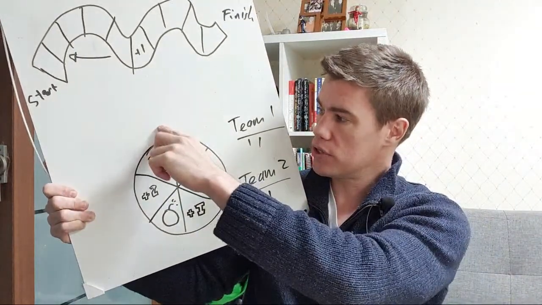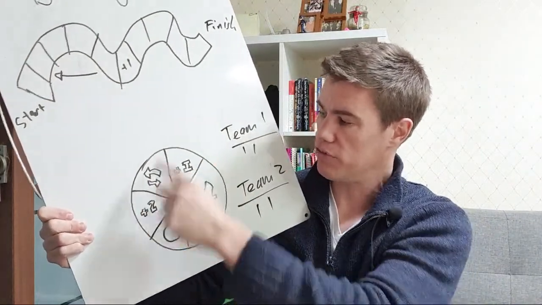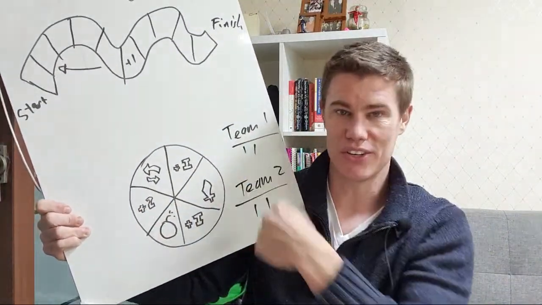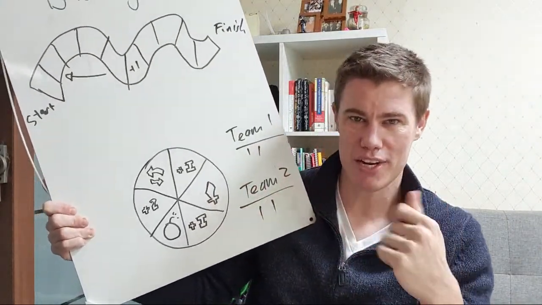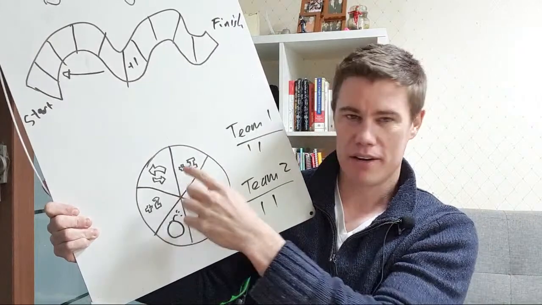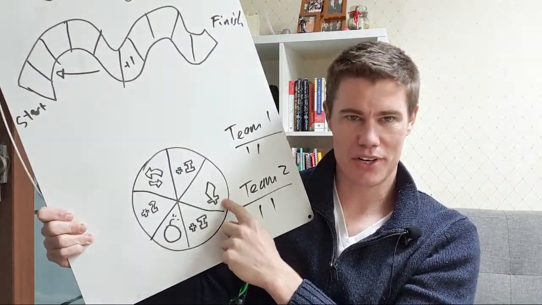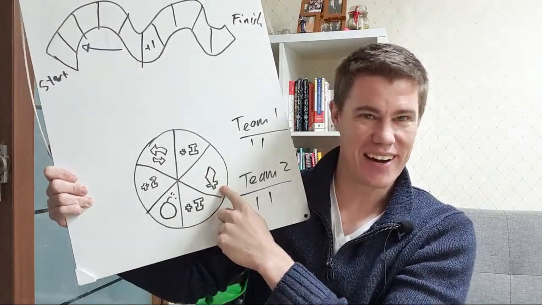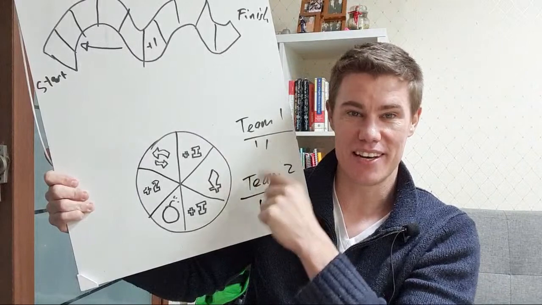So all of the students start here, and then they have to go around. So 1, 2, 3, 4, 5, 6. They have to go in a circle, right? So I start with 2 or 3 points per team, and then if they land on 1, +1. If they land on the sword, don't laugh at my drawing. I know I'm not very good at drawing, but then you get to attack the other team and minus.